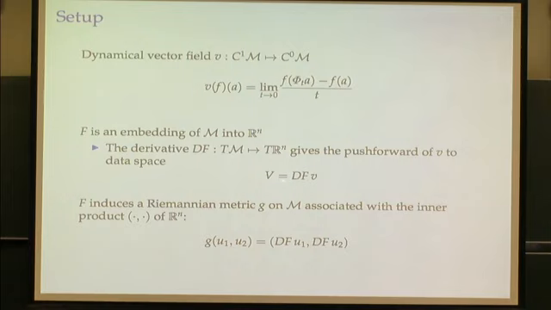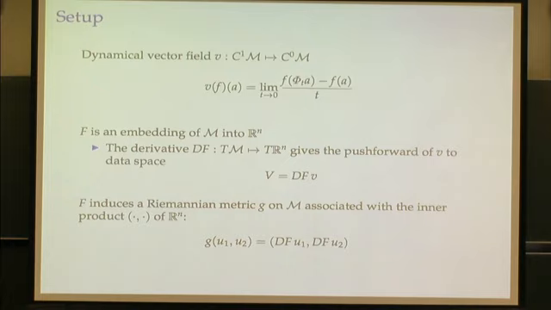So we can take our dynamical vector field and push it forward to observation space, and so effectively that induces a metric on our manifold by pulling back the inner product of our data space. So this is our general framework.